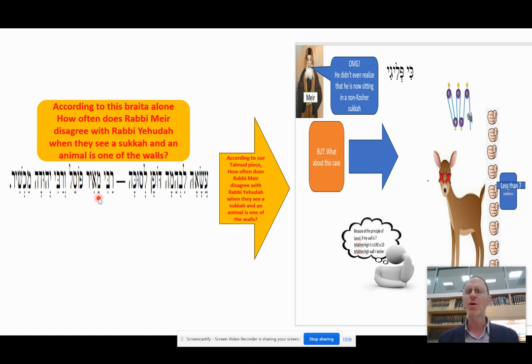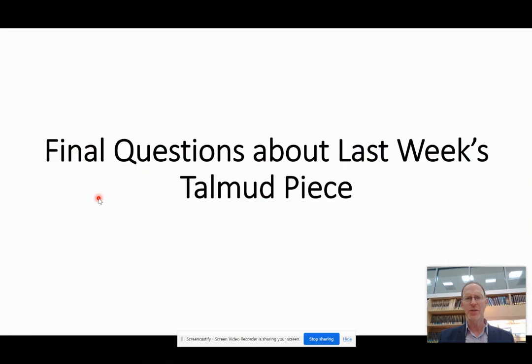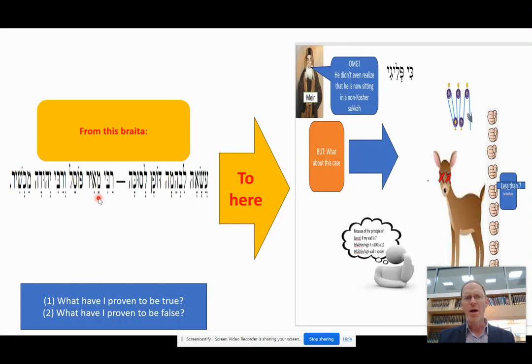Okay, so first of all, we learned a word in class that describes this very specific case, and that's called an okimta. When we established that the Mishnah, or the Breita, when it was talking, wasn't talking about every single case. It was talking about a very, very narrow case. Sometimes the Talmud also says the words b'mai okimta. What are we dealing with? What is the case that we are actually dealing with? Okay, so now the big question is why?